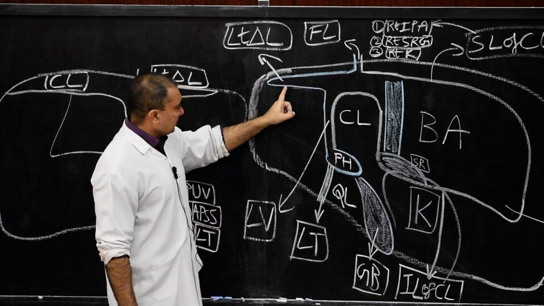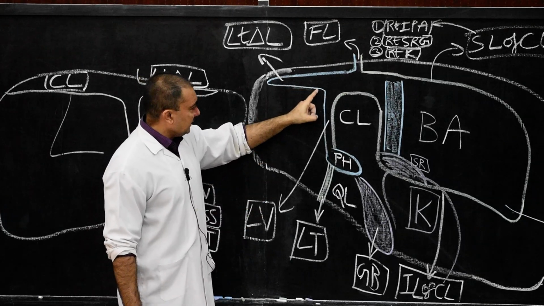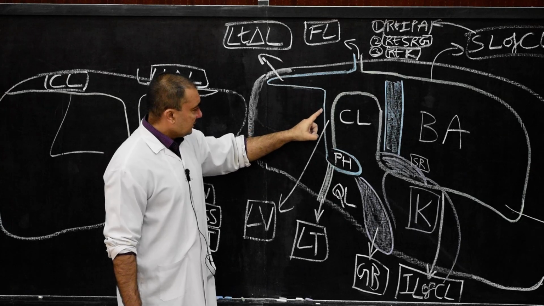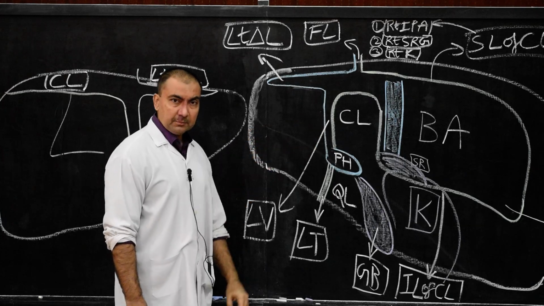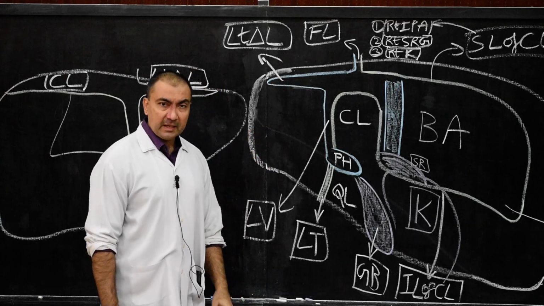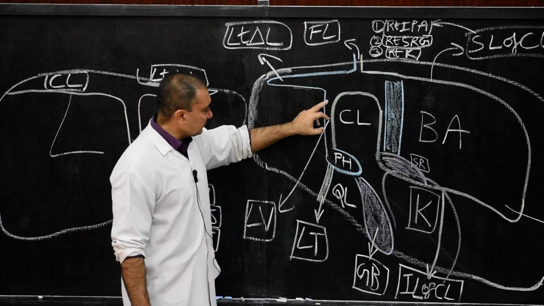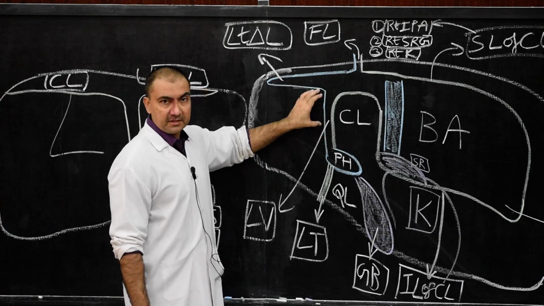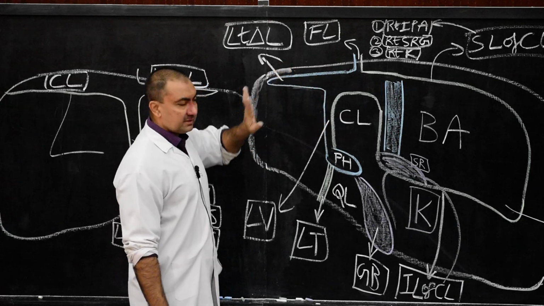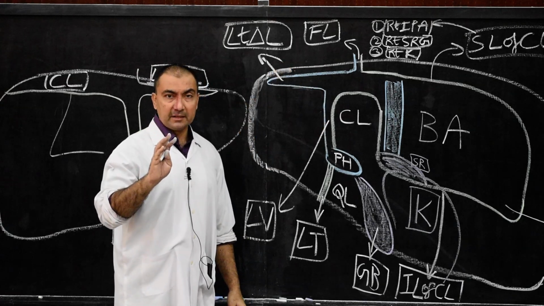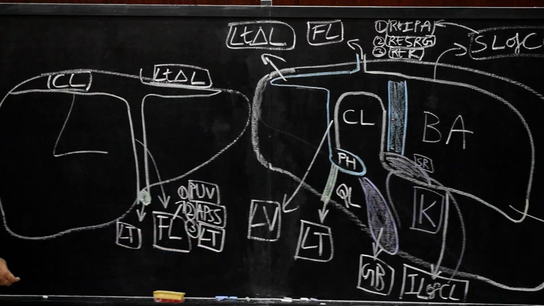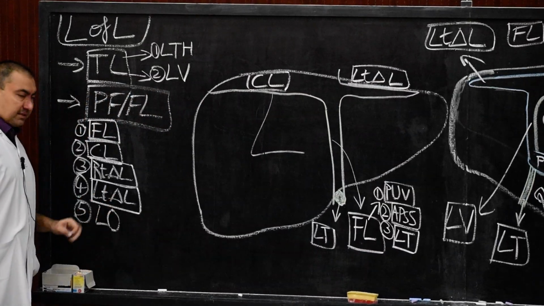Always note down: the lower layer of left triangular ligament will form the upper part of ligamentum venosum, as well as the anterior layer of lesser omentum, because lesser omentum, as we will see, will be attached here. So this much is the left triangular ligament. Left triangular ligament is over.